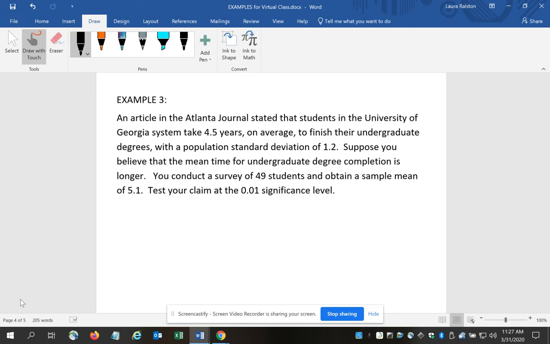You conduct a survey of 49 students and obtain a sample mean of 5.1. Test your claim at the 0.01 significance level. So again, the first step in any hypothesis test is to state the hypotheses.